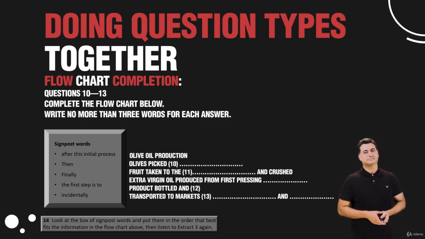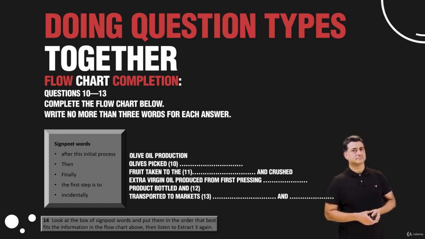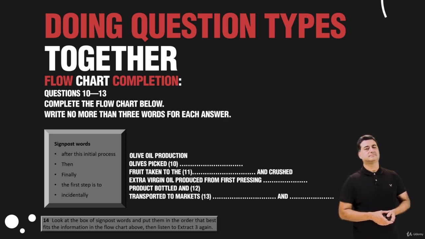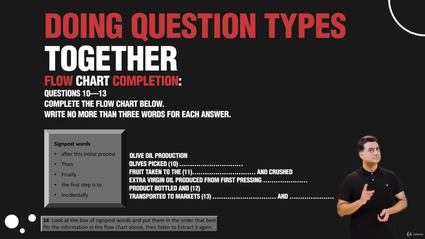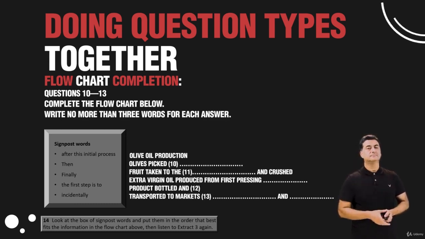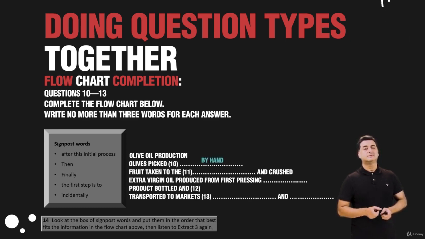Listening Section 4. Extract 3. Questions 10 to 13. The production of olive oil is an expensive business. The best oil comes from olives that have been hand-picked, as machines tend to damage the fruit, so the first step is to pick the olives by hand. After this initial process, the fruit is transported to the mills where it is carefully crushed.